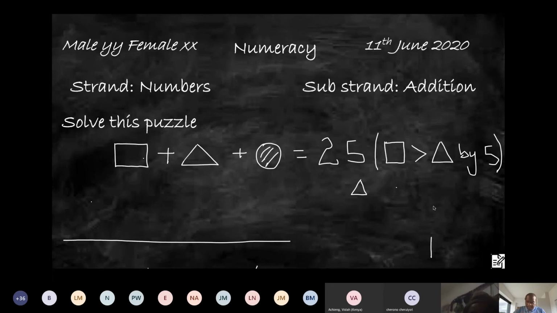Okay, Eunice, you have given an answer. And Eunice, in your assumption, you're assuming that the square and the circle are the same. Okay, thank you, Naashan. You have given your answer too. Let's see more answers. Then I'll show you my working, and then you'll compare my working and your answers.